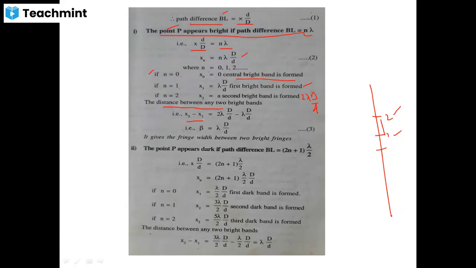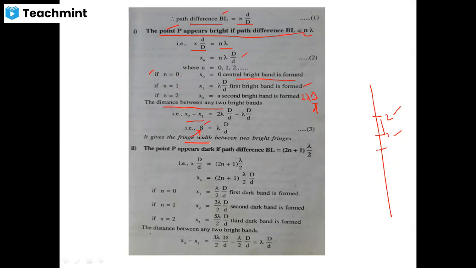X2 is 2 into lambda into capital D by small d, minus X1, which is lambda into capital D by small d. This X2 minus X1 we denote by the symbol beta. As I told you, this beta is nothing but the fringe width.